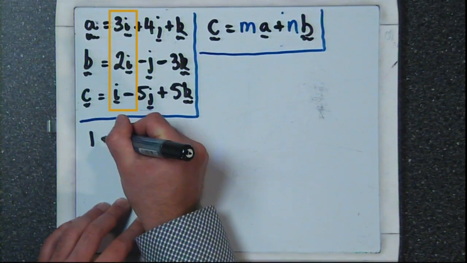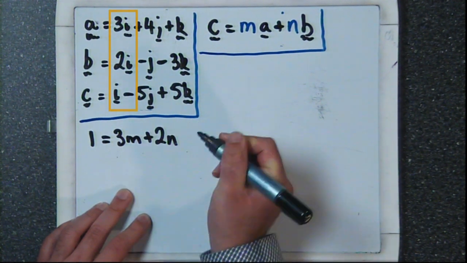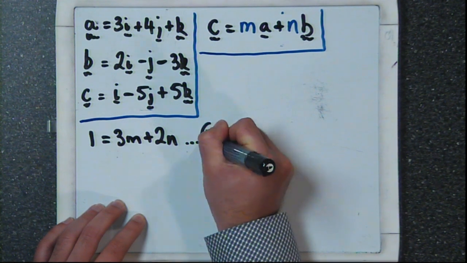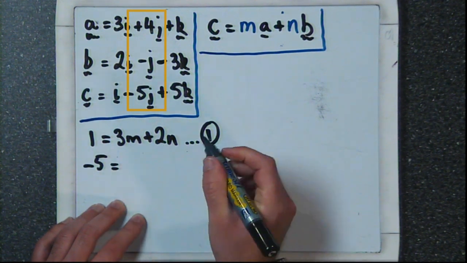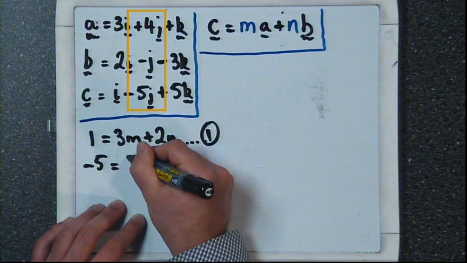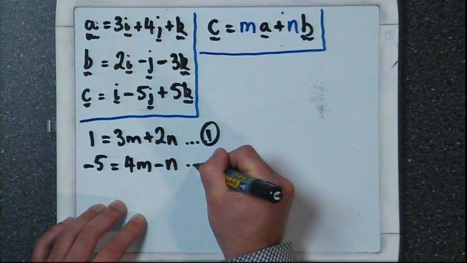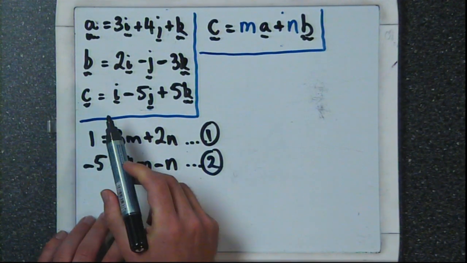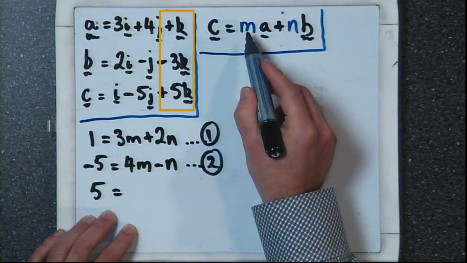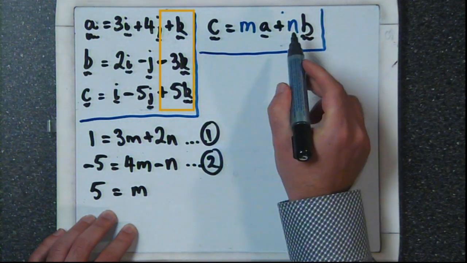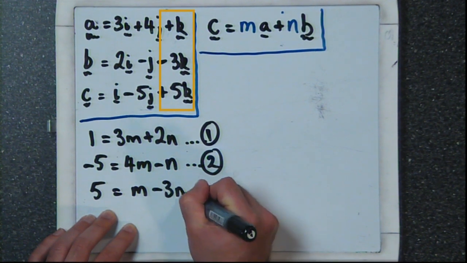Equation 2, equating the j's: negative 5 equals 4m minus n. Equation 3, equating the k's: 5k equals m times 1k, so m, and n times negative 3, so negative 3n.